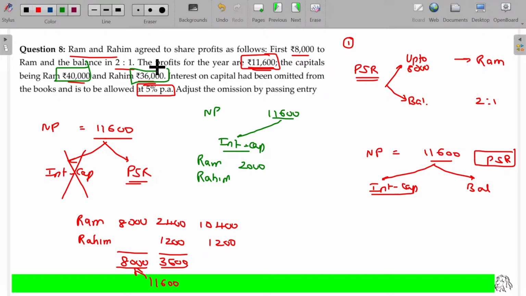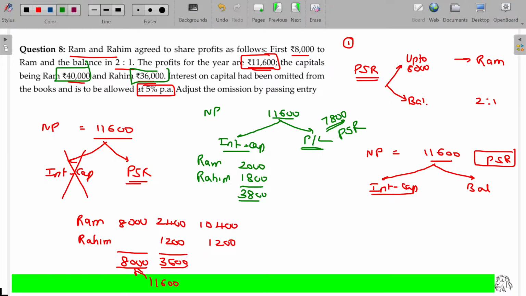Rahim's capital 36,000, for that 5% being 1,800. Balance being profit and loss. After sharing the interest on capital 3,800, the leftover amount, how much is that? Is it 7,800? The balance 7,800 is shared as per the PSR, profit sharing ratio.